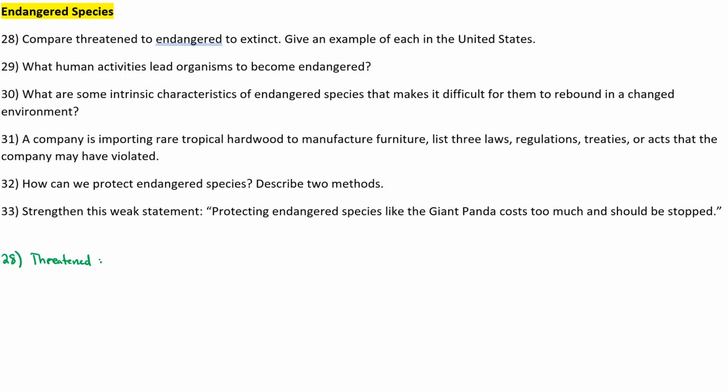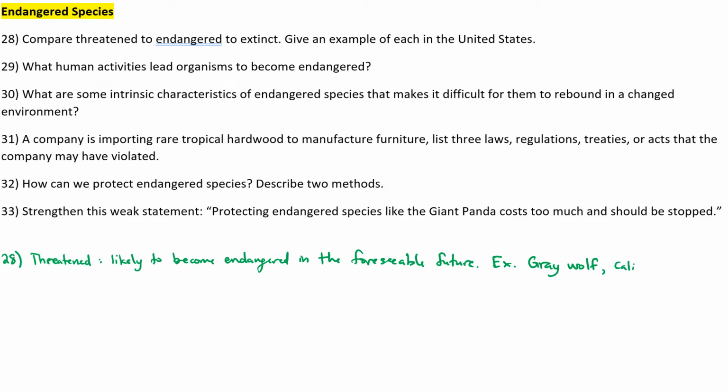That's defined as likely to become endangered in the foreseeable future. The examples are the gray wolf, California condor.